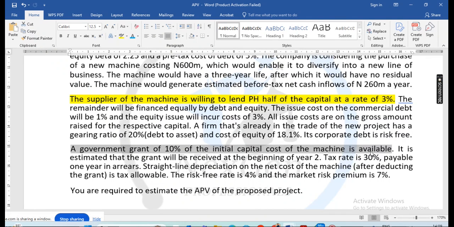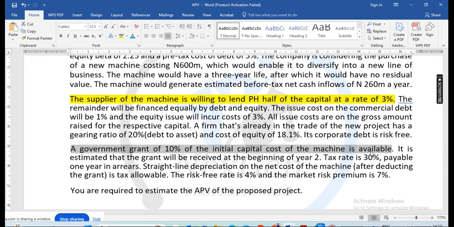If the commercial debt interest rate is 5%, the risk-free will be 5%. If the risk-free is 10%, the commercial rate will be 10%. That is what it means.